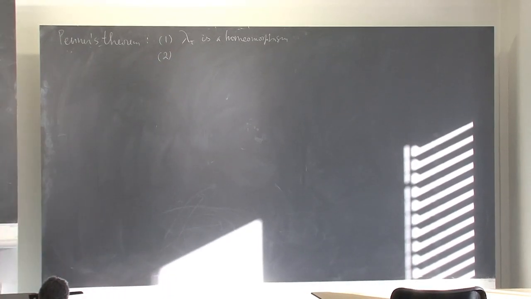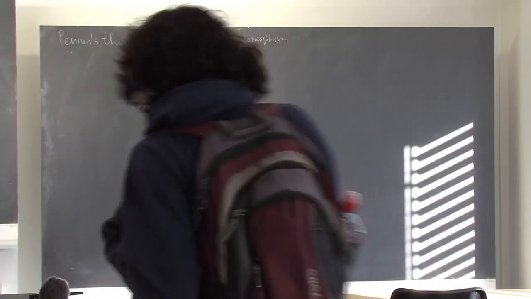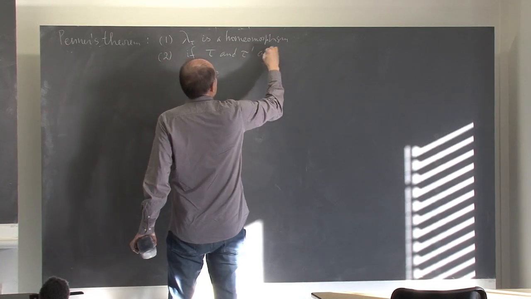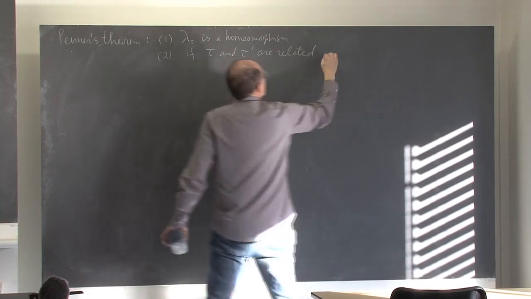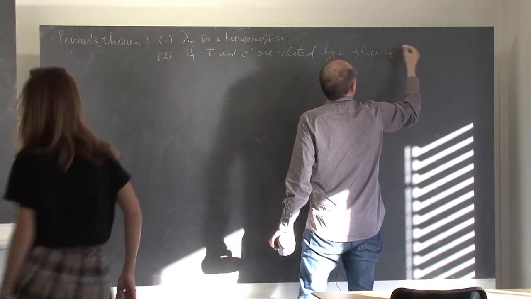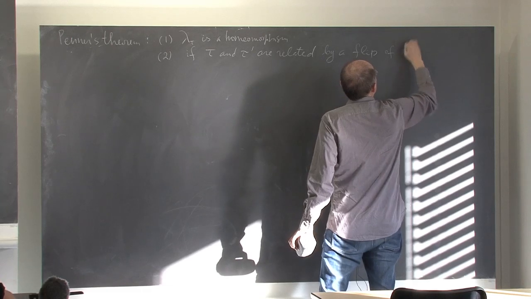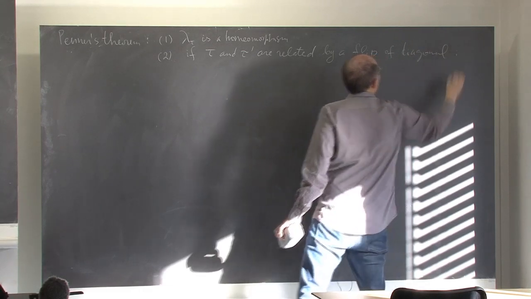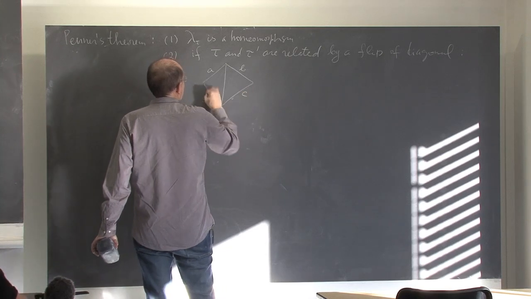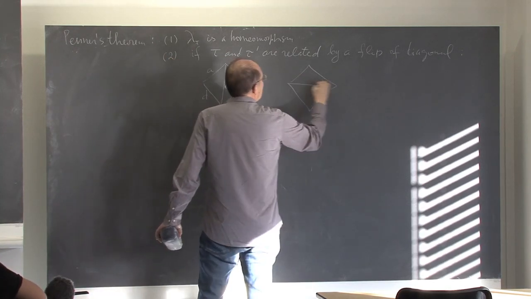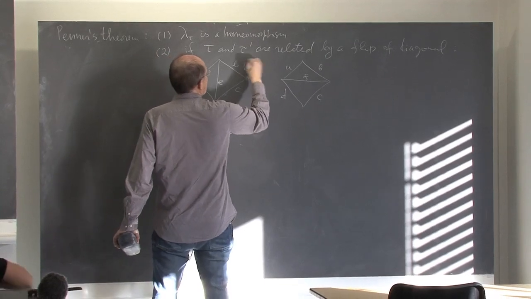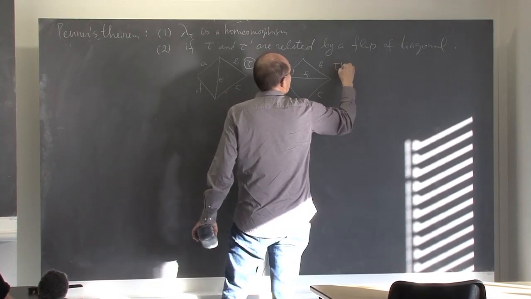Second thing was about Ptolemy. So if tau and tau prime are related by a flip of a diagonal, with quadrilateral A, B, C, D and diagonal E in tau, and F in tau prime.